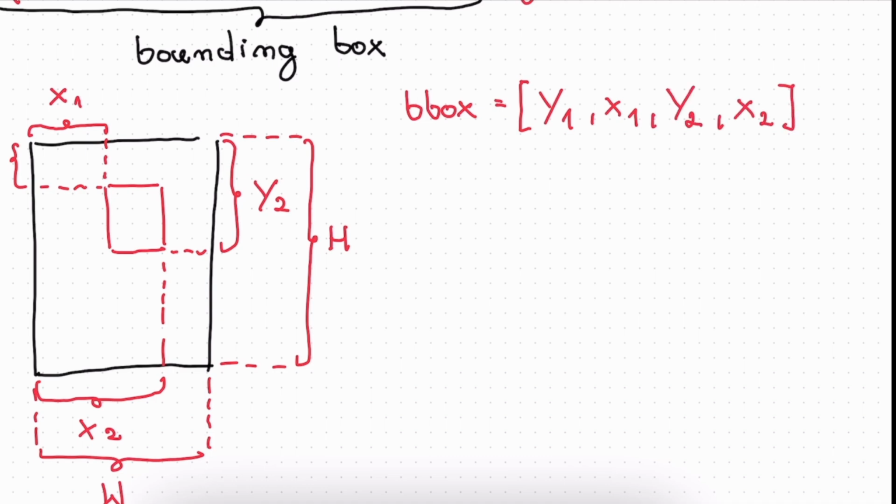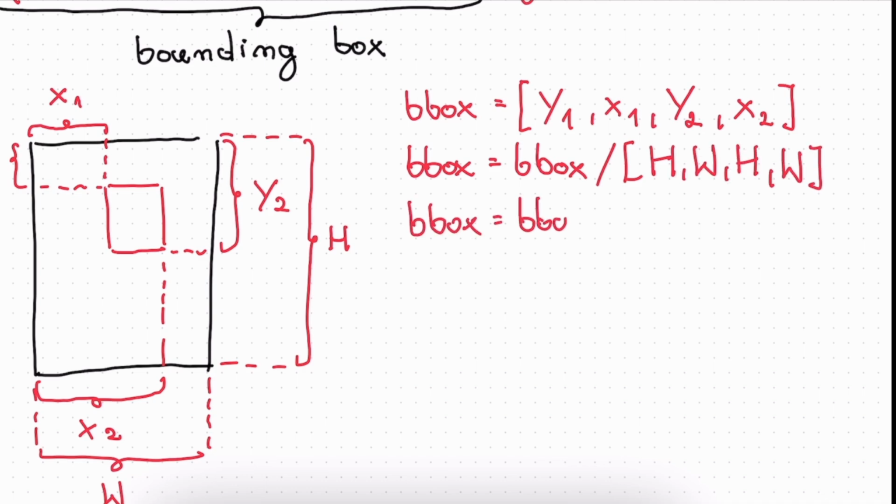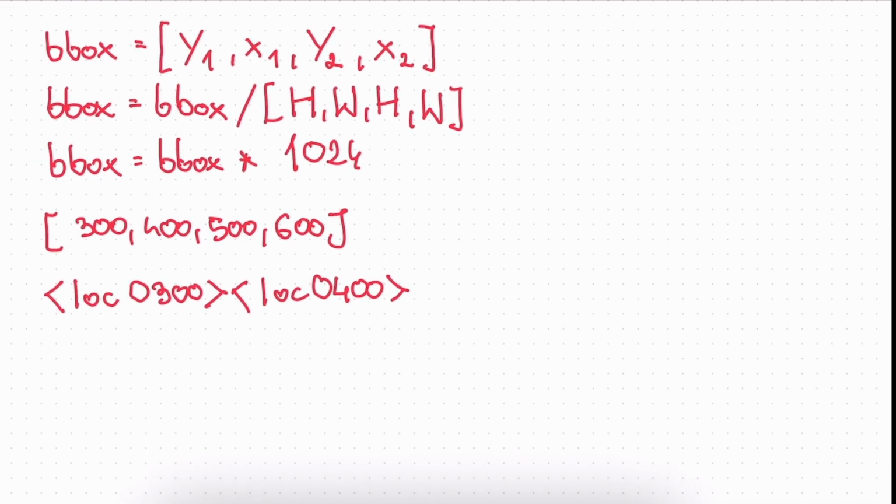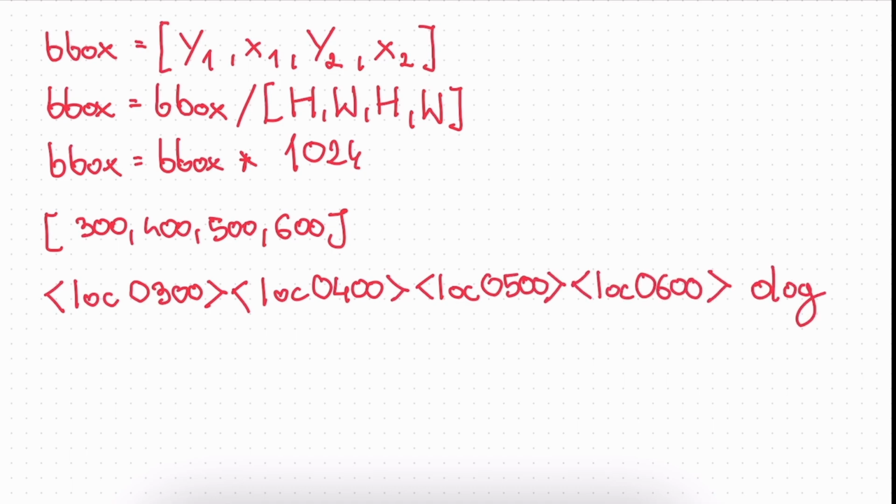Renormalize them by dividing by h and w respectively and multiply them by 1024. Let's assume that in our case we got 300, 400, 500 and 600. We place each within a loc tag, ensuring they are zero padded to form 4-digit sequences. Finally, we append the class name after the loc tags.